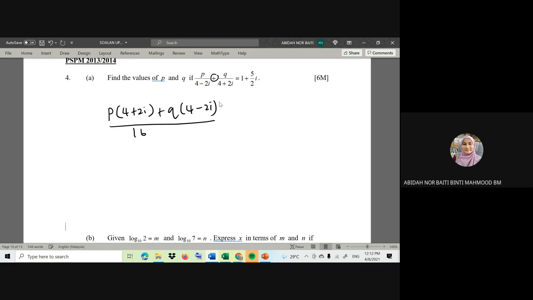Okay, so we get 16 minus 4i squared. Okay, and then we expand the numerator. So we get 4p plus 2pi plus 4q minus 2qi. Okay, your denominator we get i squared, we substitute with -1. So 16 plus 4 is 20.